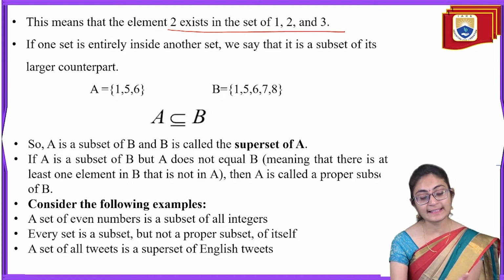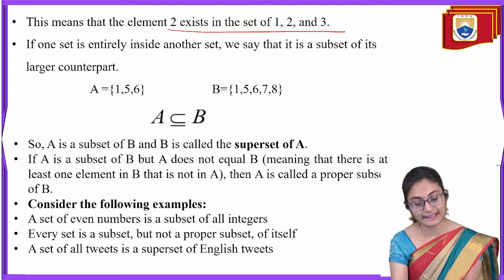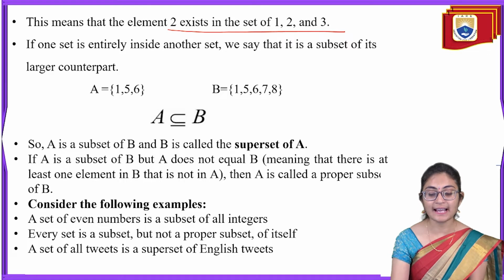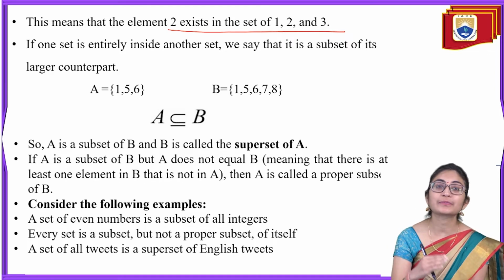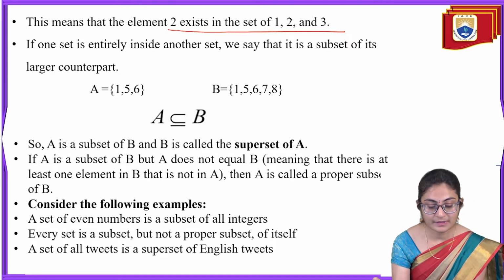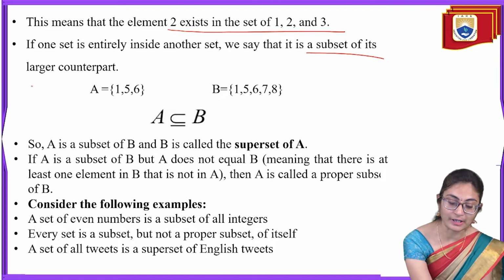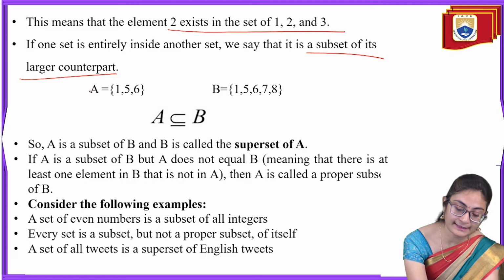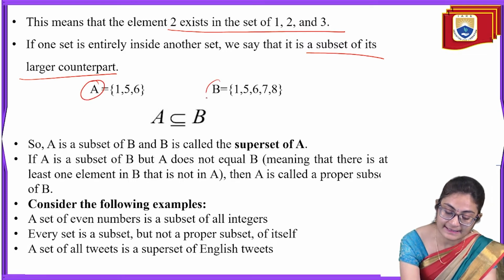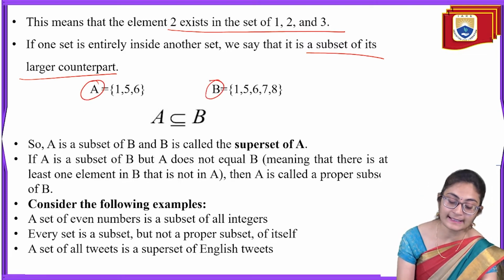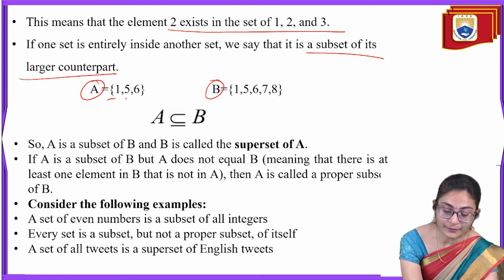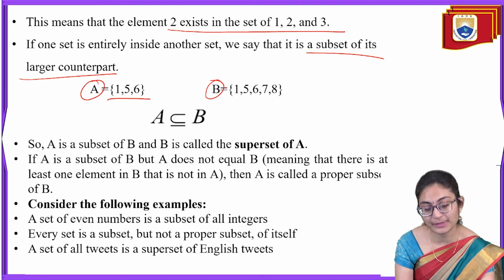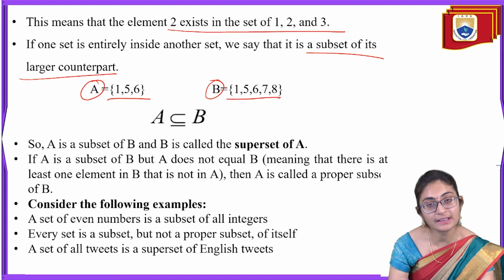If one set is entirely contained in another set, then we say that it is a subset of the larger counterpart. For example, we have taken set A and a second set B. Set A has 1, 5, 6 and set B has 1, 5, 6, 7, 8.